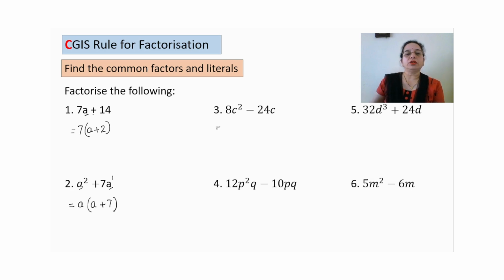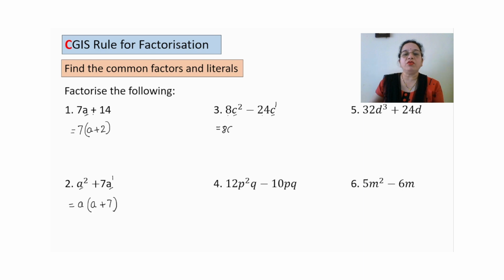Come to the third sum, 8c square and 24c. So here you can see that numbers are also common, 8 and 24. Which number is common? 8, 8 threes are 24. So 8 is common. But at the same time you can see here variable is also common. So c raised to the power 2 and c raised to the power 1. This is the smaller one.